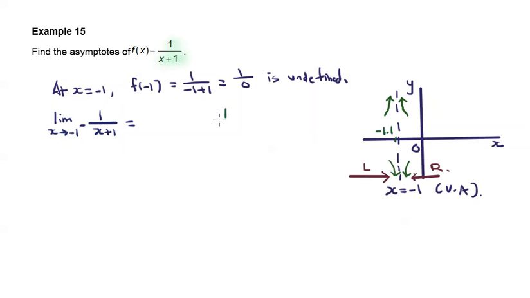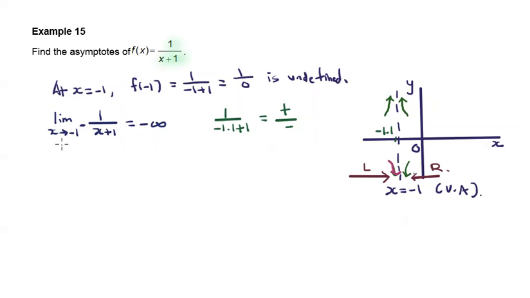So 1 divided by -1.1 plus 1: 1 is positive, divided by -1.1 plus 1, which is negative. So positive divided by negative is negative infinity. That means the graph will extend to negative infinity when approaching -1 from the left.